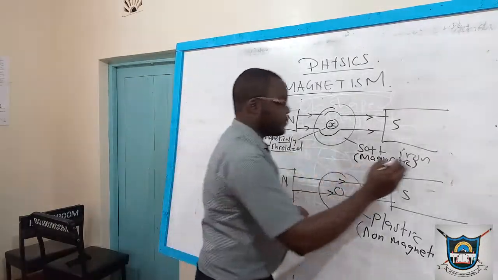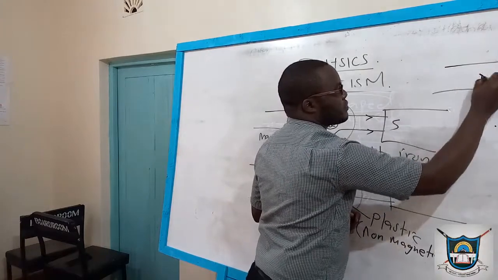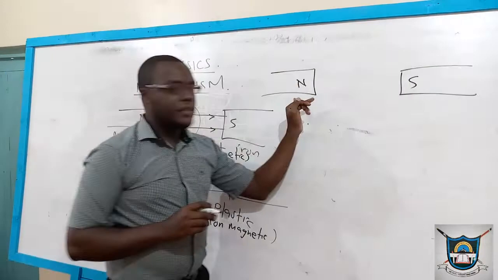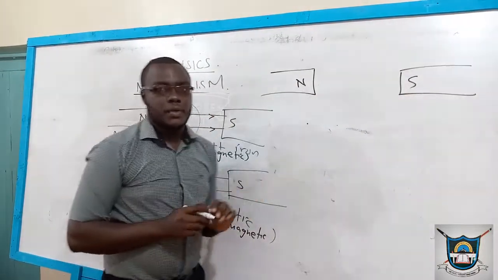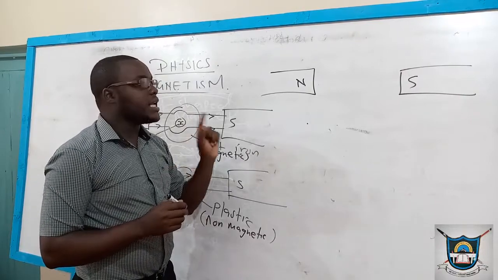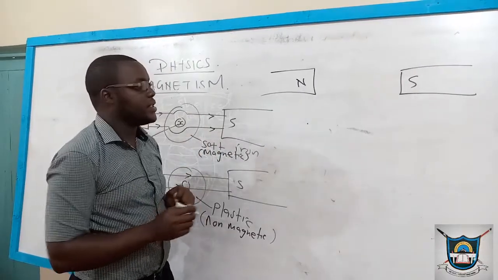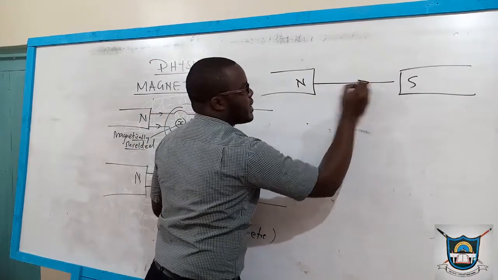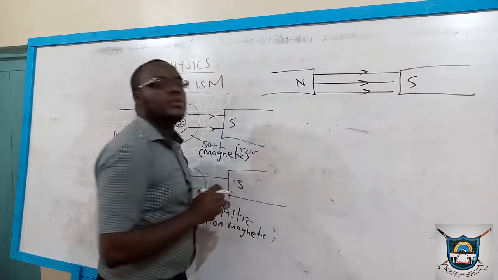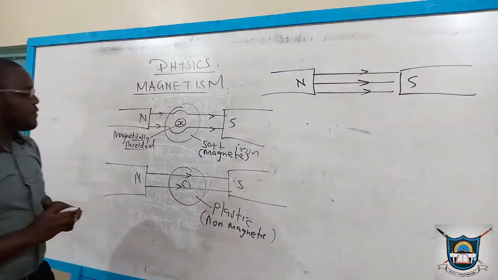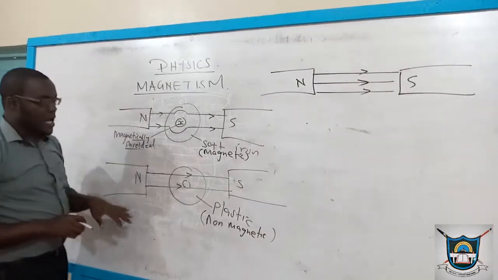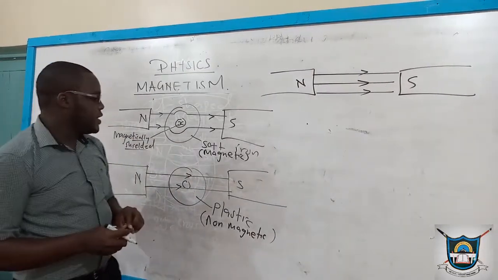For example, I have a north pole next to a south pole, and since air is a non-magnetic material, the magnetic fields will pass straight from north to south. So that's the difference between placing a magnetic material and a non-magnetic material.